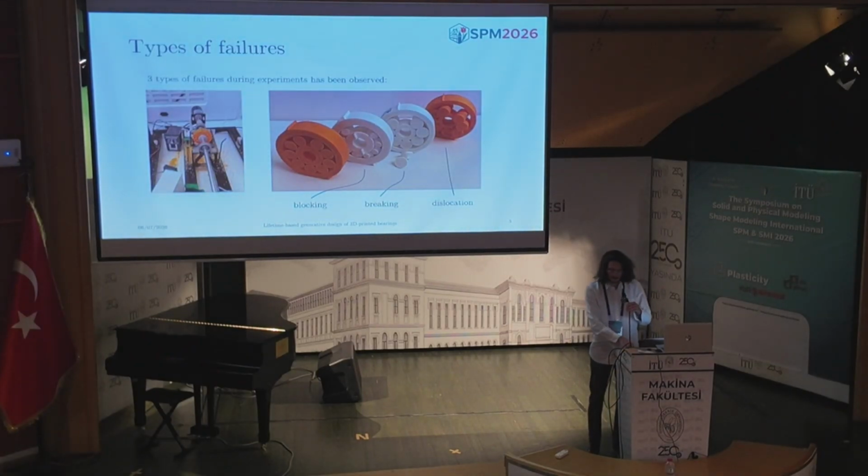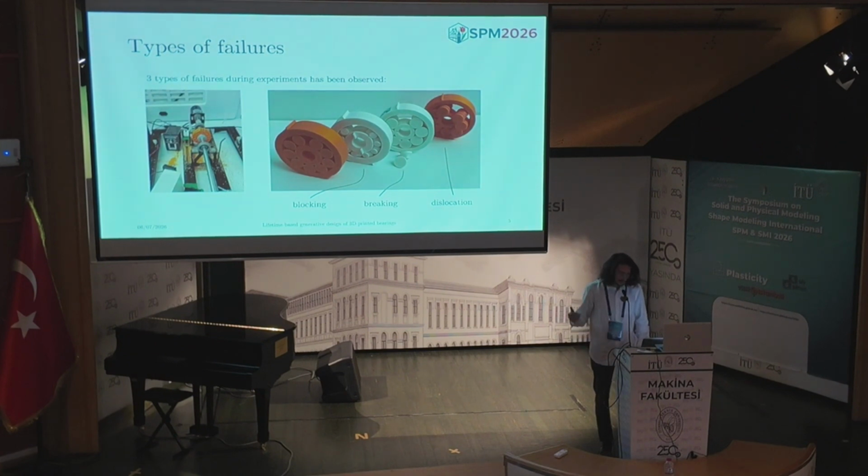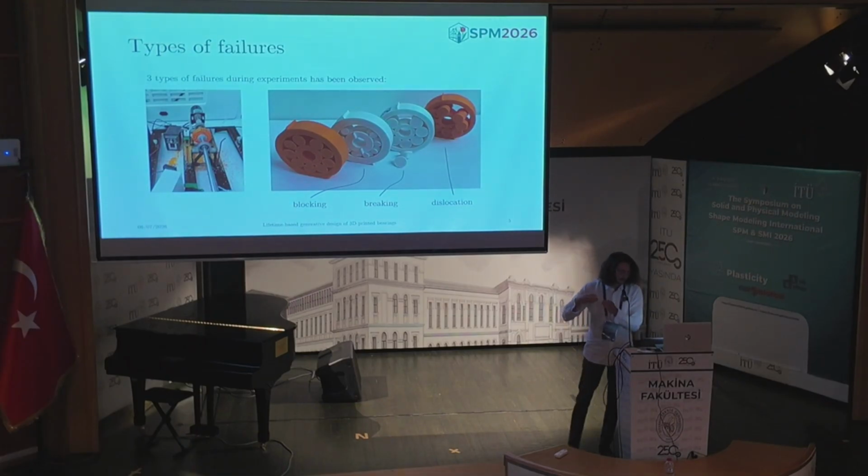So at the basics, we test a lot. We designed a first test bench and test rig with a motor to test all the bearings and measure the lifetime of the bearing under radial load. And actually, it was quite surprising that there was more than one type of failure that can exist. There was blocking failure, which is basically the internal rotation of the rollers that can block together and block the rotation.